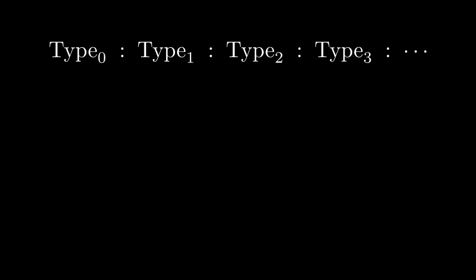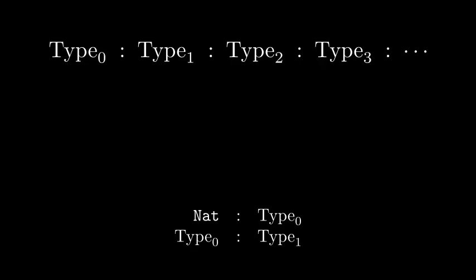The theory becomes inconsistent. The fix is to stratify Type into a hierarchy of universes. Type 0 sits inside Type 1, Type 1 inside Type 2, and so on. No type ever contains itself.